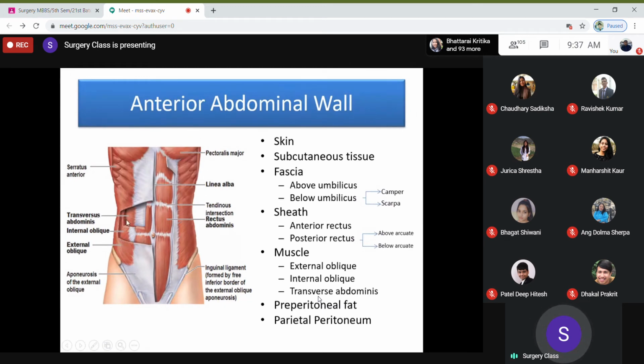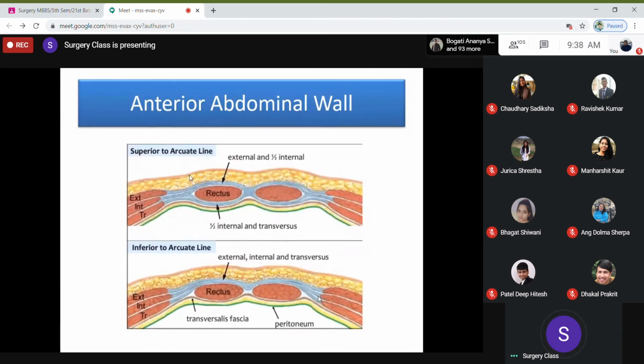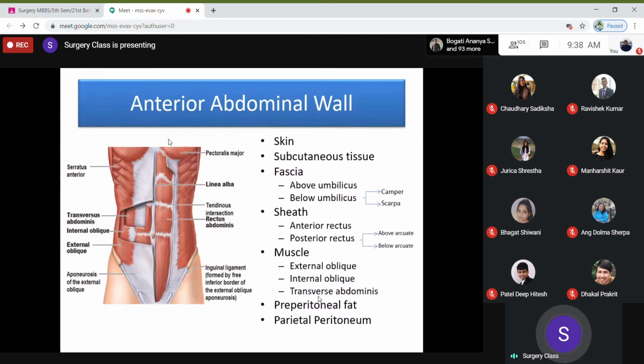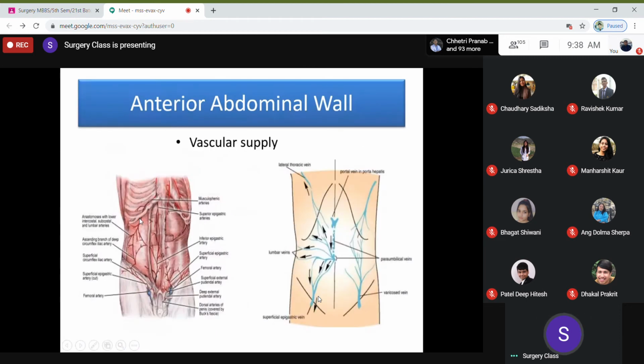There are three layers you can see. Below that you have the fascia transversalis. Once they come medially, they form tendons: in the external oblique, the internal oblique, and the transversus abdominis.